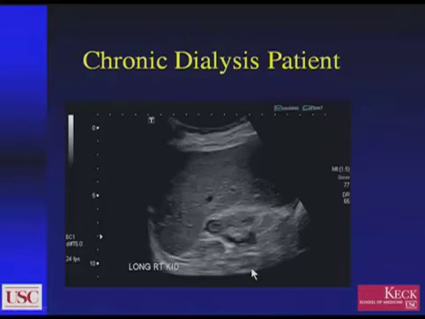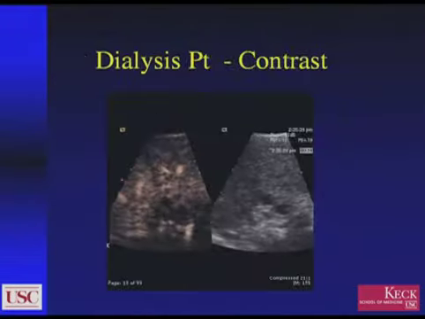This is another interesting patient where contrast was very helpful. On the grayscale evaluation, this patient was on chronic dialysis and had multiple cysts within the kidney. On grayscale evaluation, we saw this area of solid material within a cyst. Obviously, this was unable to be differentiated as to whether this actually represented a hemorrhage, for example, into a cyst, or potentially a tumor.